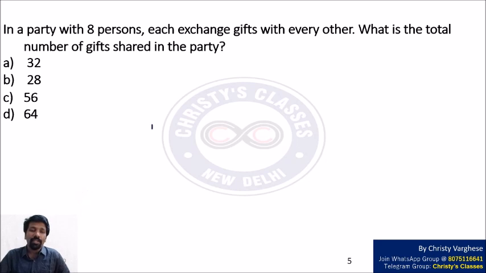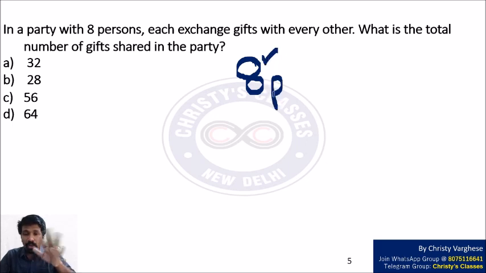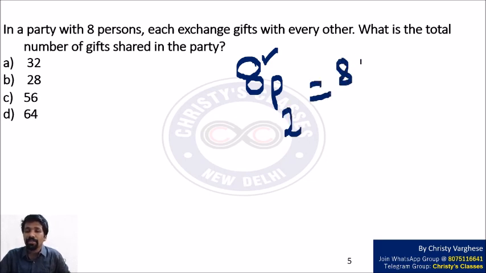Again, if you want to know more about permutation, you can use the permutation idea. 8 people are there and 2 places where order matters. So 8P2 will be the answer. That also will give you the same answer. 8 factorial divided by 8 minus 2 factorial.